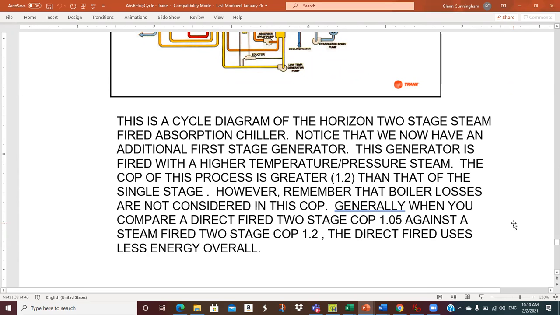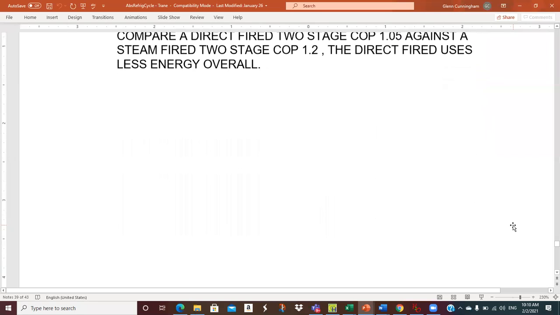So we'll see in the next presentation, we'll have some diagrams of their direct fire unit. And they're saying it has a COP of 1.05. And when you take the boiler losses into account, the 1.05 is better than this steam-driven two-stage. Interesting. And we'll have some COP numbers on that, but I don't want to jump too far here.